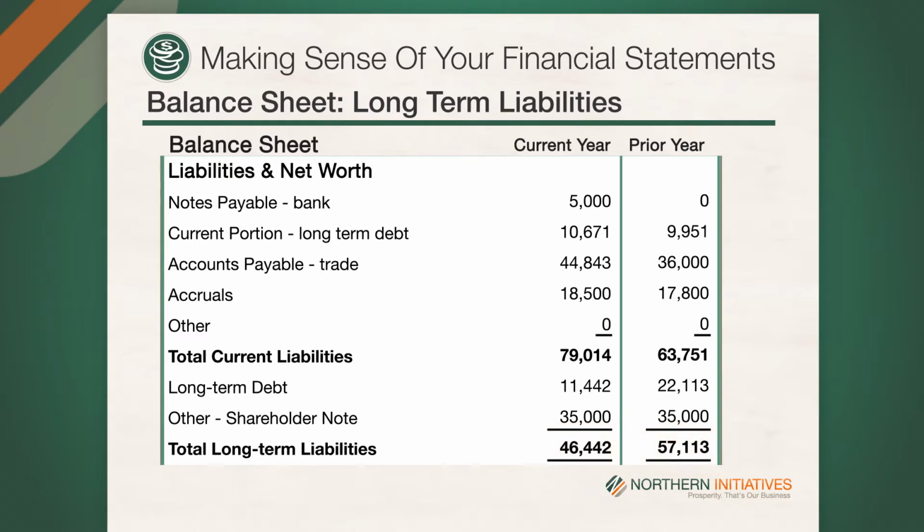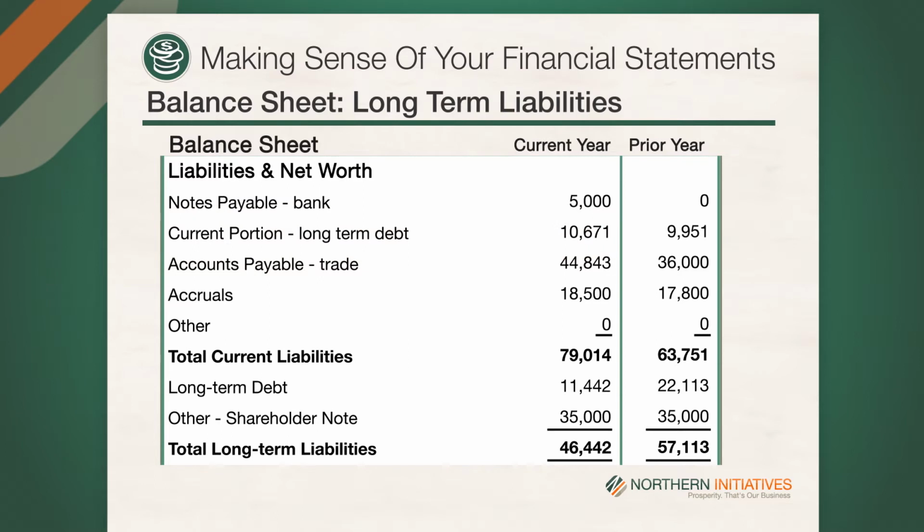A note about long-term debt and current portion of long-term debt. Now, a loan that will be repaid over a period longer than a year will be split in two amounts on the balance sheet. The principal payments due in the next 12 months will be reported as current portion, long-term debt. In the current year, $10,671 will be paid in the next 12 months.